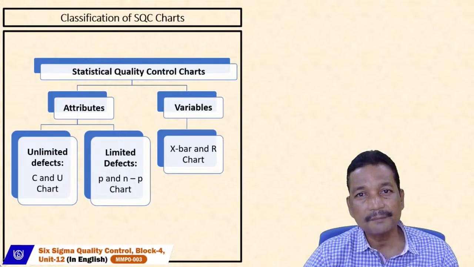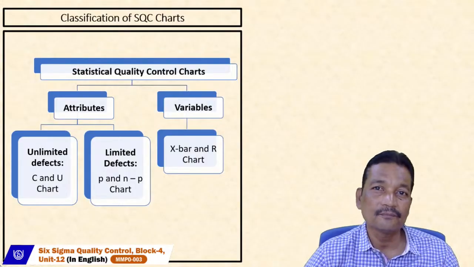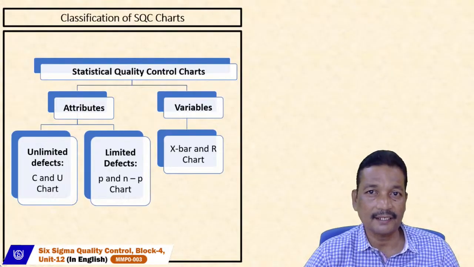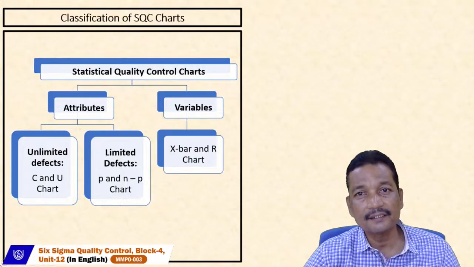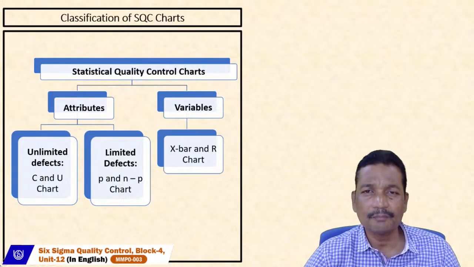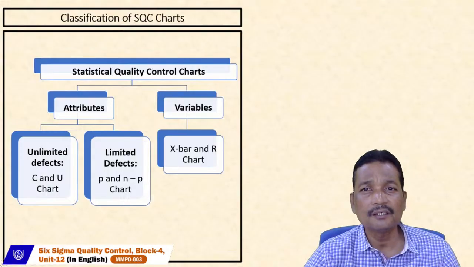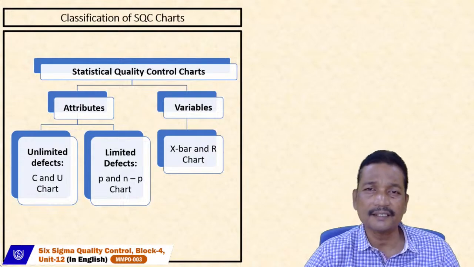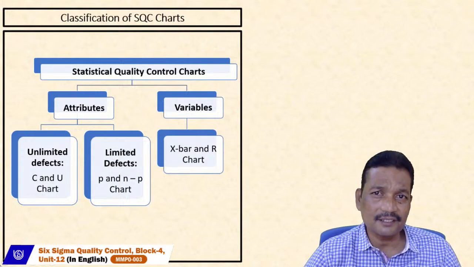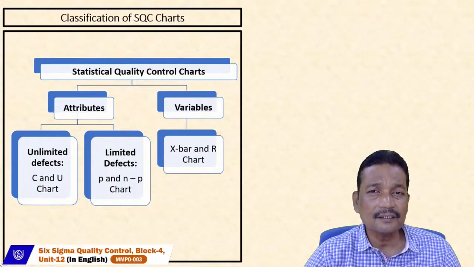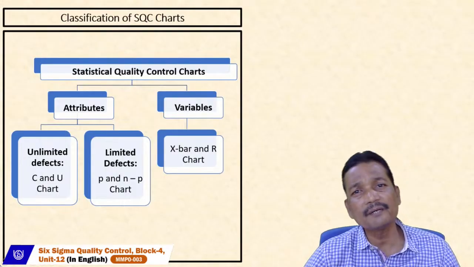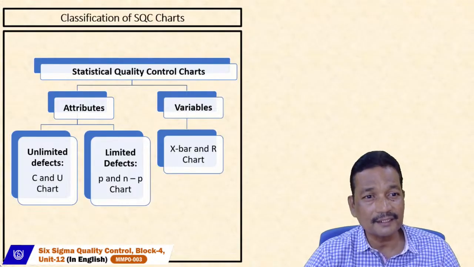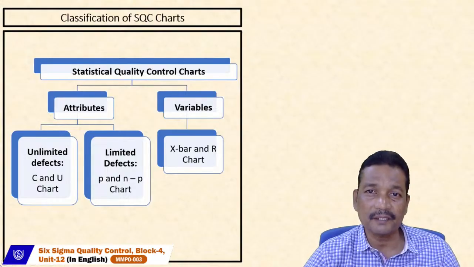If I pick up five of you and ask how you are feeling outside right now, some may say it is hot, some may say it is unbearable, some may say it is very bad, some may also say it is disgusting. That means the answer will differ from one person to another because we are asking a question which is of a qualitative nature.